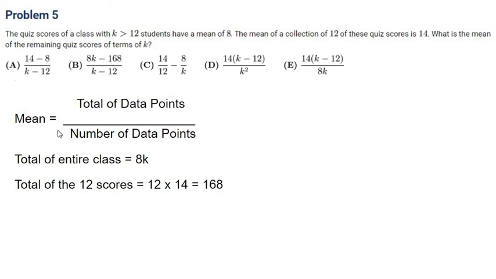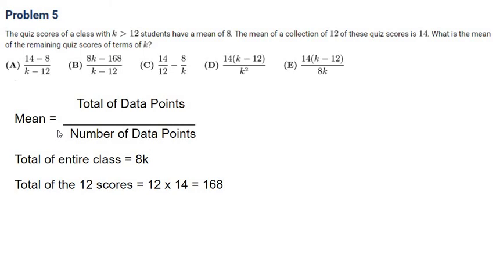So 168 is the sum of the 12 students whose mean we already found in the problem. So basically the total of the remaining data points is going to be 8k minus 168.